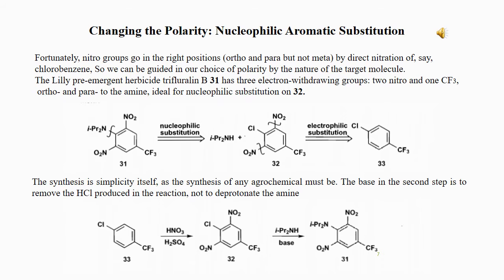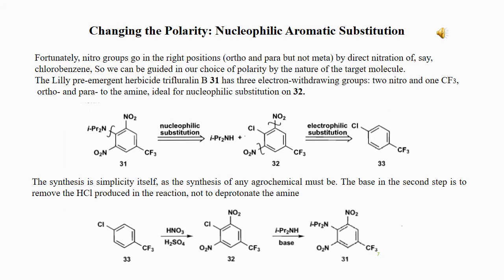So it does mean that when diisopropylamine is the attacking species on the benzene ring, benzene should be electrophilic in nature. Benzene should have a deficient character. These two nitro groups are giving that electron deficient character to the ring 32.